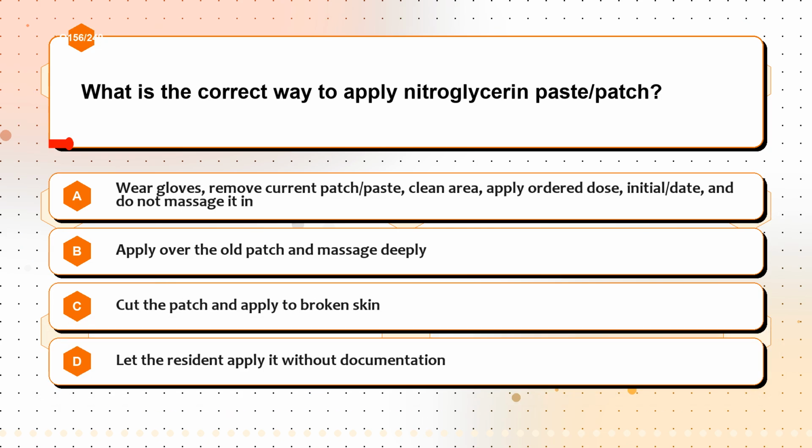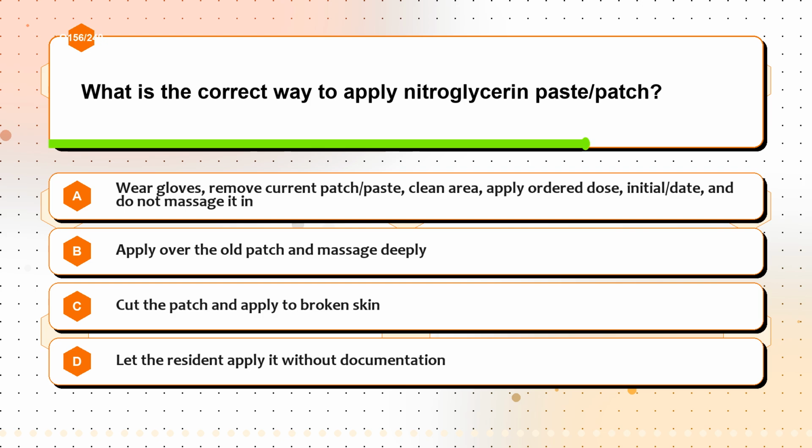Question 156. What is the correct way to apply nitroglycerin paste/patch? Here are the options. Option A. Wear gloves, remove current patch/paste, clean area, apply ordered dose, initial/date, and do not massage it in. Option B. Apply over the old patch and massage deeply.